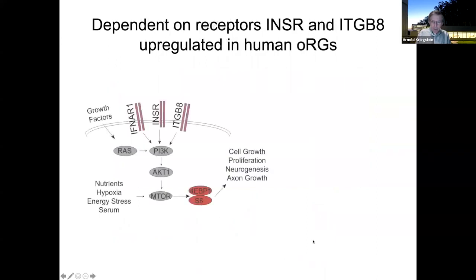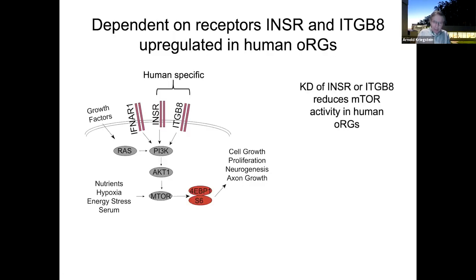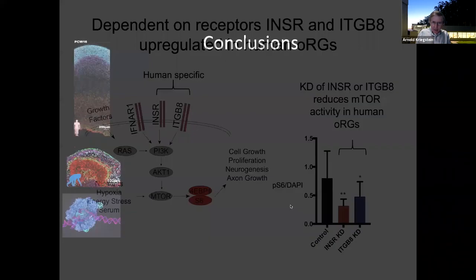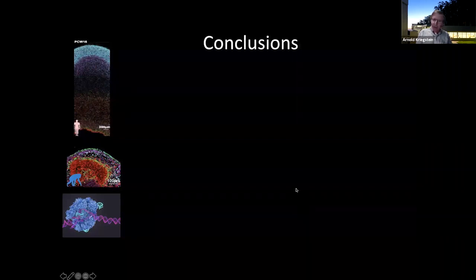We also looked more carefully and found that there were two receptors for the mTOR signaling pathway that are highly expressed in outer radial glia in human, but not in non-human primates. If we knock them down in human, we get levels of expression that resemble more what we see in primate. So the mTOR signaling pathway that is uniquely expressed in outer radial glial cells is a human-specific feature.